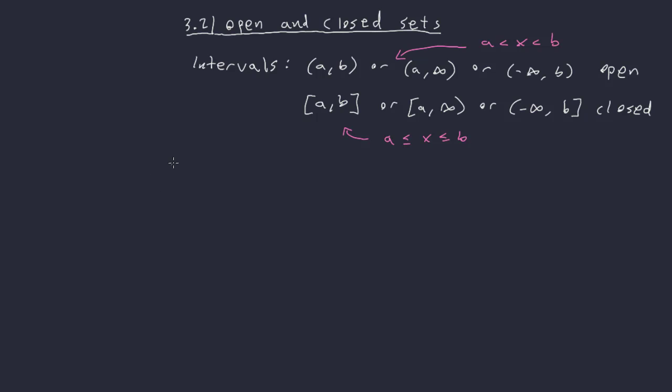So for example, is the set of natural numbers 1, 2, 3, 4, etc., open or closed? Well, it's not an interval, but it may share some of the same properties as an open or closed interval might. So we want to broaden the way we categorize sets, so it's not just restricted to intervals.